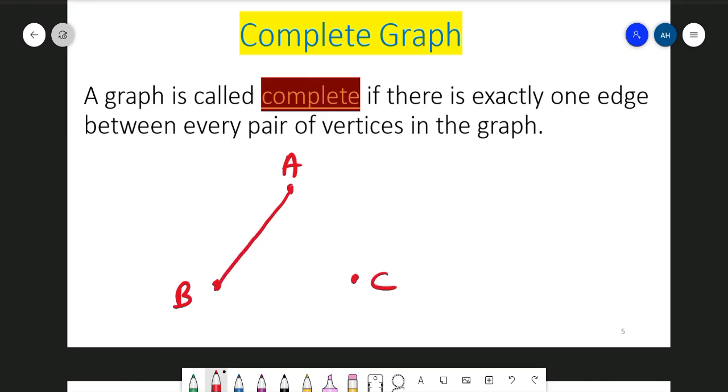And we have an edge from B to C. And also we have an edge from C to A. Now, is this graph complete? What we mean to say is there an edge from A, for example, to every other vertex? In this case, yes, because from A you can go to B, there is an edge there. From A also you can go to C, all right? So this is a complete graph when we have three vertices.